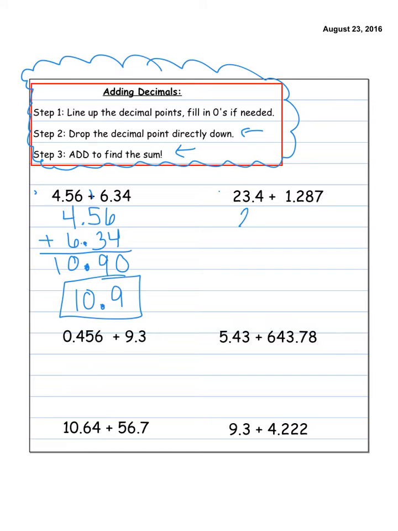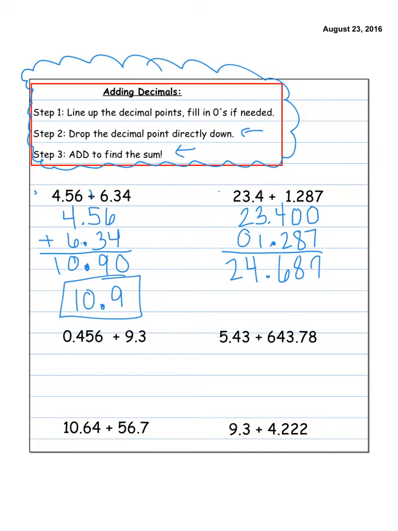23 and 4/10 plus 1 and 287 thousandths. So notice that I'm going to put my 1 here so that my decimal points line up. And then I can see that I have 2 open spots right here and right here, so I'm going to fill them in with zeros. 0 plus 7 is 7, 0 plus 8 is 8, 4 plus 2 is 6, 3 plus 1 is 4, and then 2.